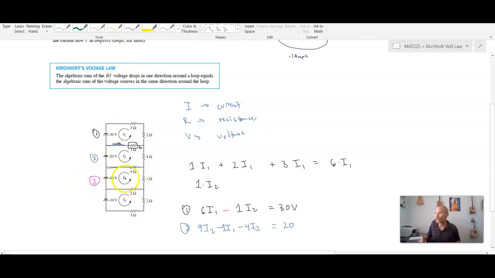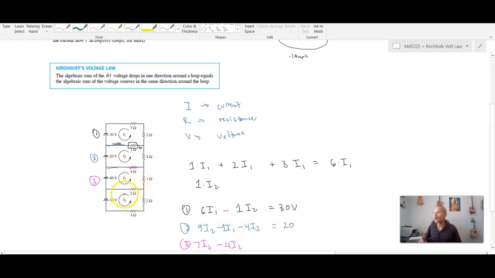So in the third loop, we are going to have 2I3 plus 1I3 plus 4I3. That's going to give us 7I3. That's positive because that's just for that one loop. But then we see that I2 also flows through this resistor here, and so that's going to be minus 4 times I2.